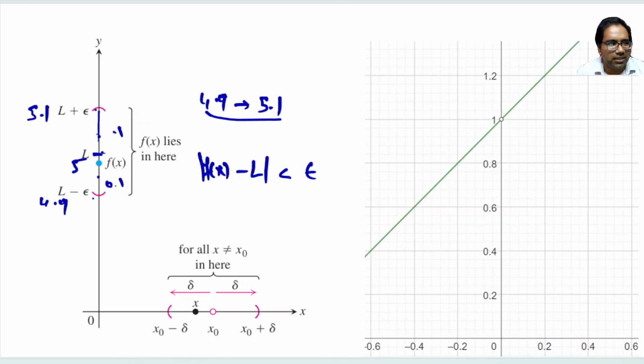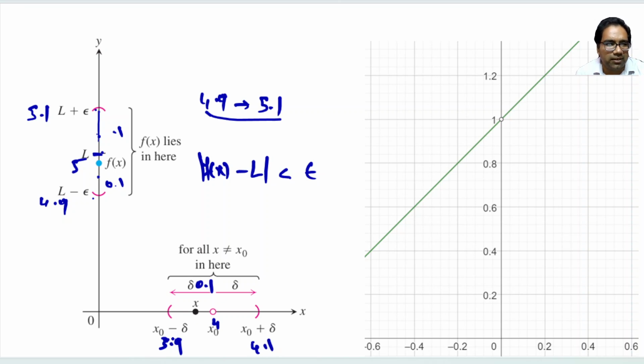So what does that mean? Some delta. Let's say the delta is 0.1 and x naught is 4. If delta is 0.1, then x minus delta is 3.9 and x plus delta is 4.1.